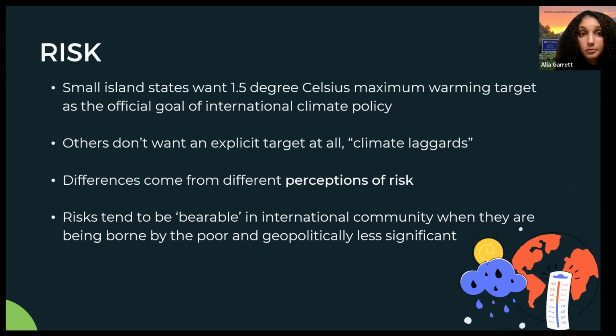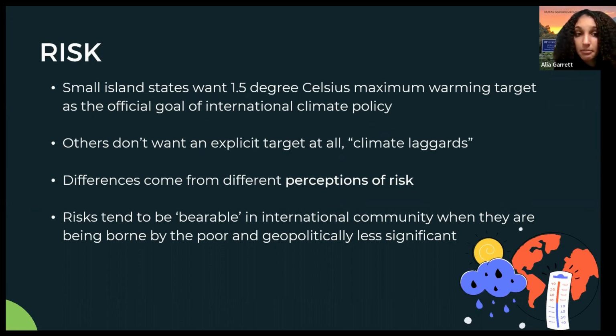More about risk, small island states want a 1.5 degrees Celsius maximum warming target, which is the official global goal of international climate policy. Others don't want an explicit target at all, and those are climate laggards. Those are people who don't want to make any commitments and are worried about spending money on that. The difference in this comes from different perceptions of risk.